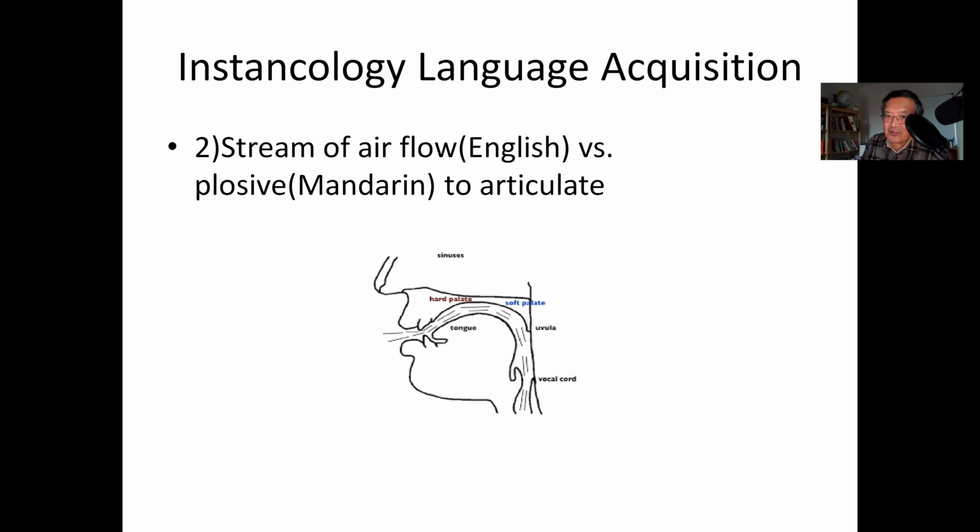So that's a big difference. That's probably why English-speaking people speak softly, and Chinese Mandarin people speak loudly, because the different parts of the organ utter sounds differently. All right, you have to know that.